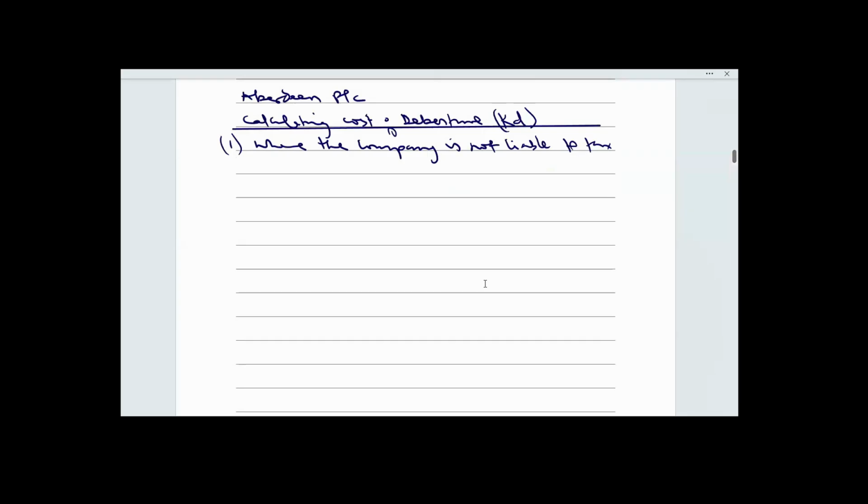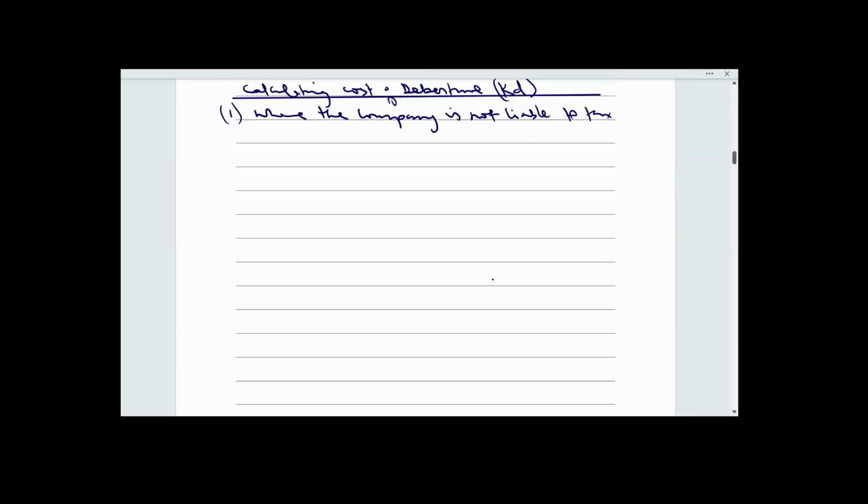Because the redemption date, the maturity date, is not given in the question. Therefore, even though the examiner called it redeemable debenture, because you are not given a maturity date, it will be treated as cost of irredeemable debenture. So where there is no tax, cost of debt is calculated as fixed interest divided by ex-int price multiplied by 100 over 1.